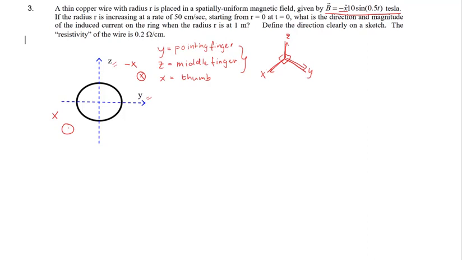Let's also take note that B is given with a sine function. So sine is an increasing function because it starts at 0, goes up, goes down, comes back up.